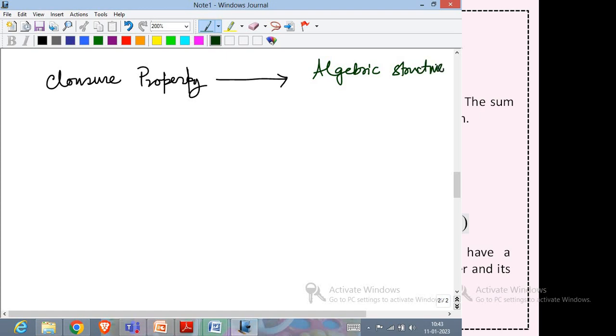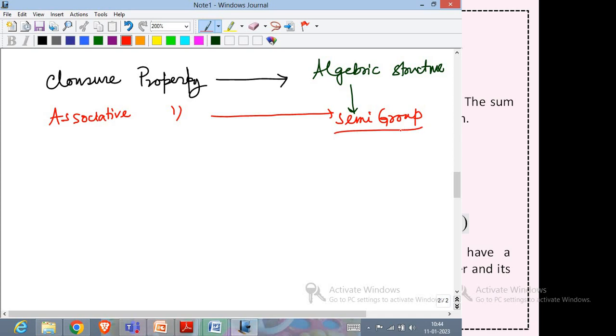Please see this carefully. Closure and algebraic structure is the first thing that we have discussed. Now, if any set with a given operation, if the algebraic structure is following associative property, we usually call that a semi-group. Please make a note of this.